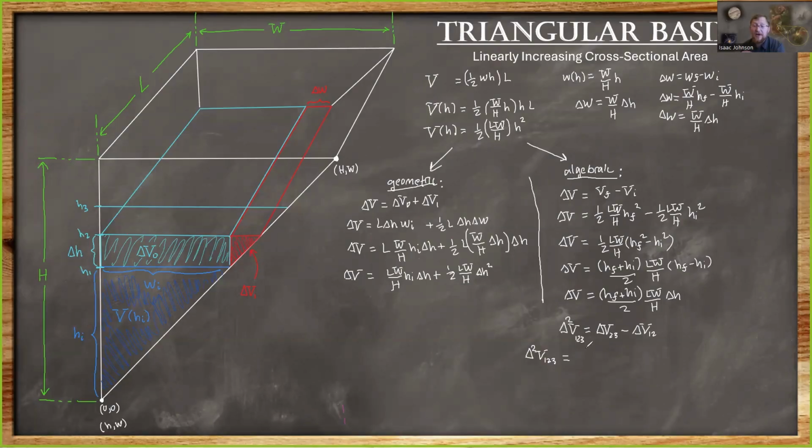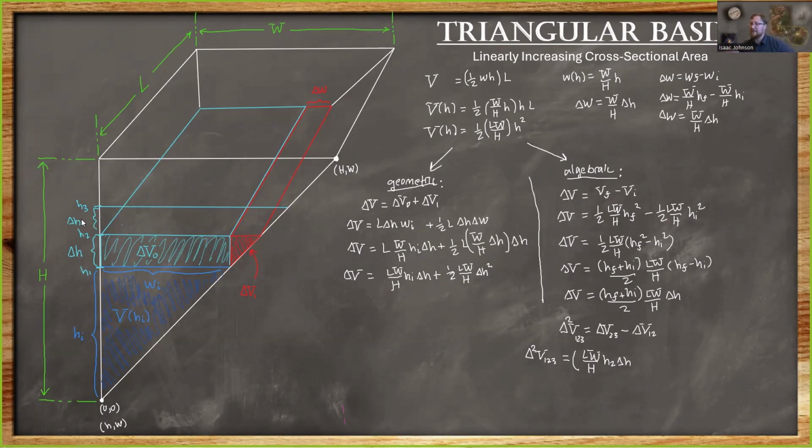We'll get there, but I think first I want to plug in for this whole equation here, right? So let's write it out together. I'm trying to calculate delta V from 2 to 3. So the real question is, what's my height initial if I'm going from 2 to 3? H2. Yeah, so I can plug in H2 there. Delta H is still delta H. We have designed the difference of differences to have the same delta H's because we want to compare apples to apples.